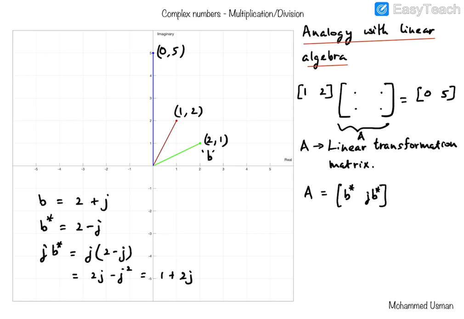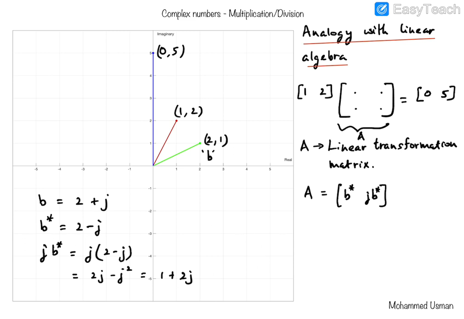So basically it is reversing the real and imaginary parts. So j b star is nothing but the complex number b with its real and imaginary parts swapped with each other. So that is what is going to happen here.